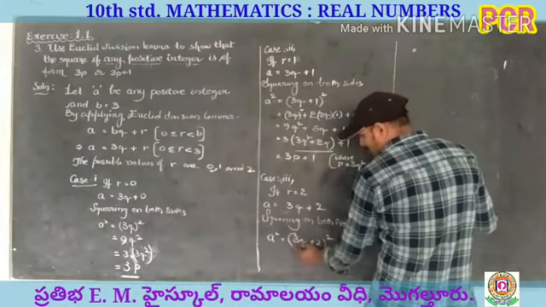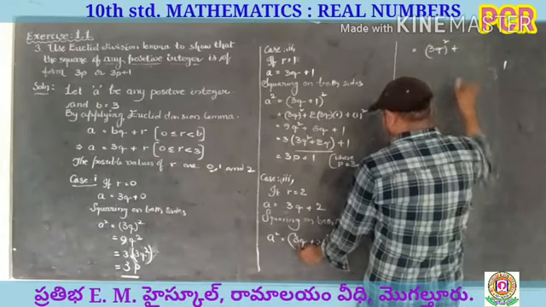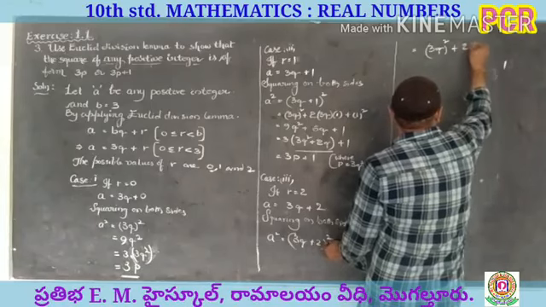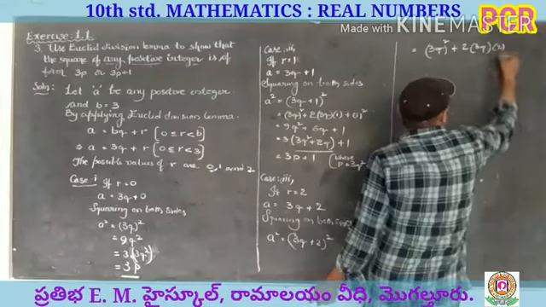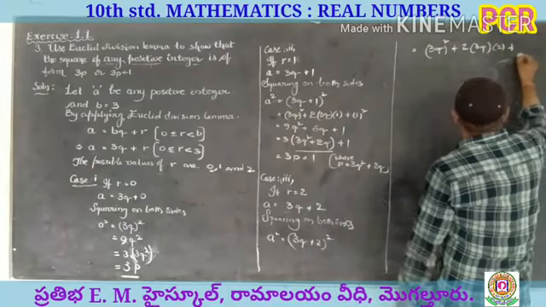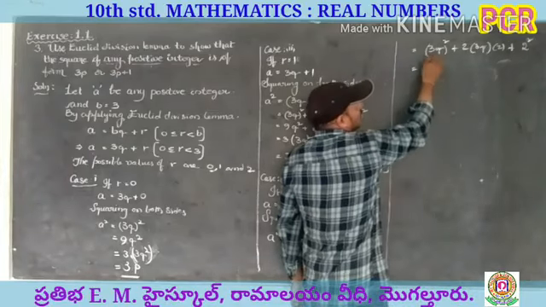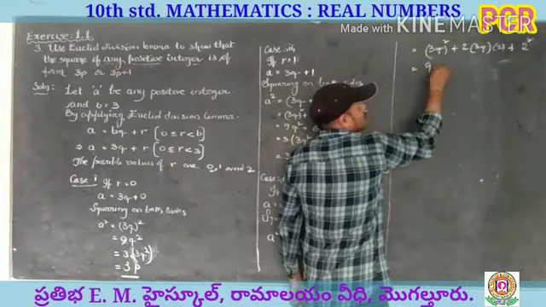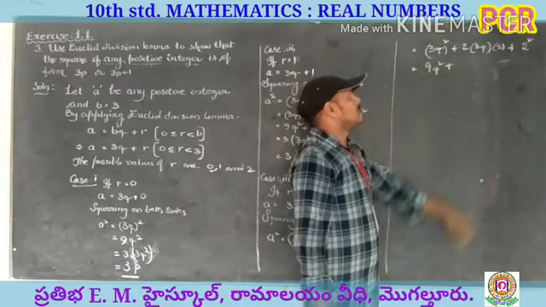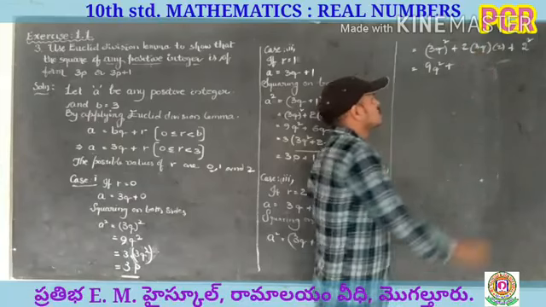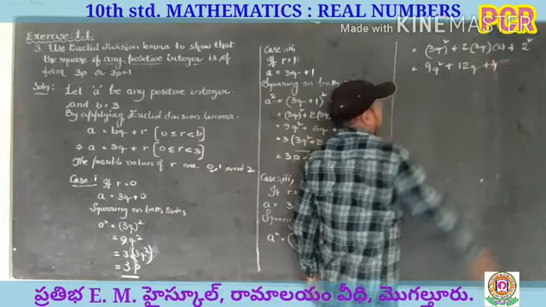a square, that means 3q whole square, plus 2ab, 2 into a, 3q into 2, plus b square means 2 square. That is equal to 3q whole square means 9q square, plus 2 into 3, 2 threes are 6, 6 twos are 12q, plus 2 twos are 4.